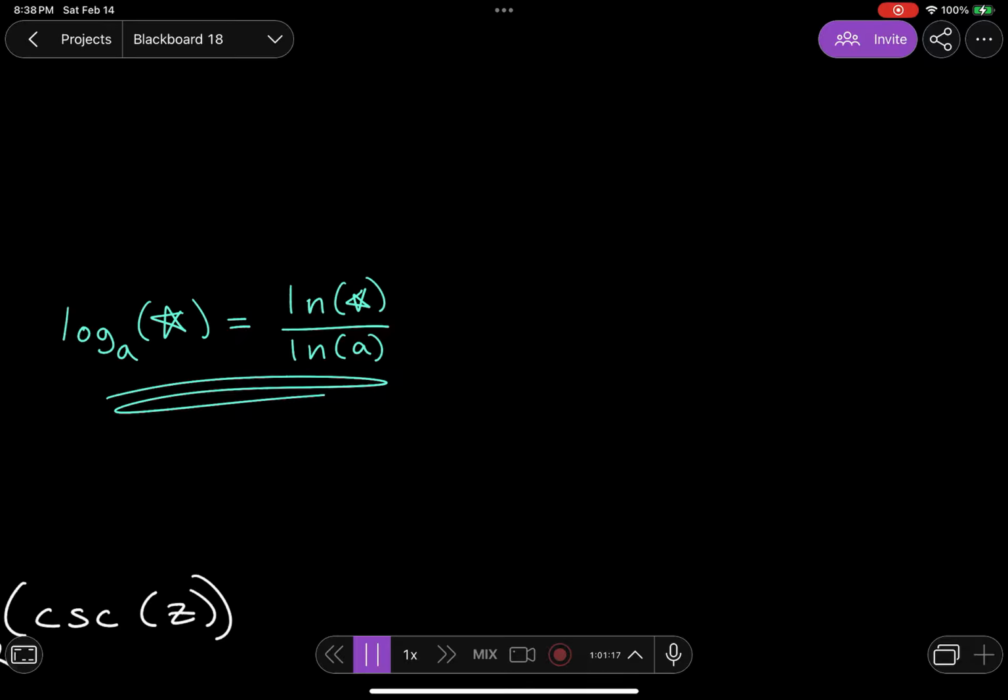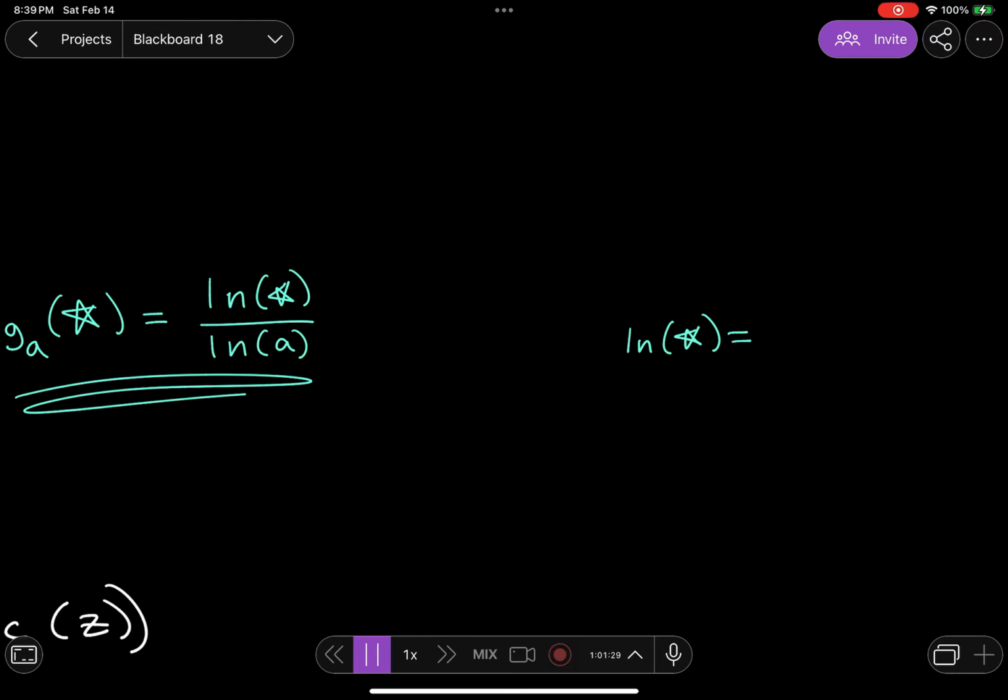How about this? The natural log of star is equal to the natural log of A to the power of log base A of star.